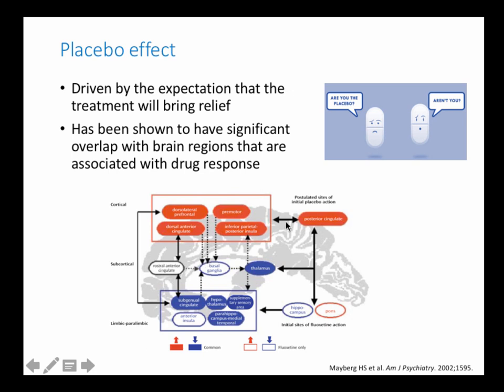So you can see that a lot of the drug response and placebo response networks are the same, and only a very few are specific to the drug. So imaging might be one way to see if the person is having a placebo response rather than a drug response.